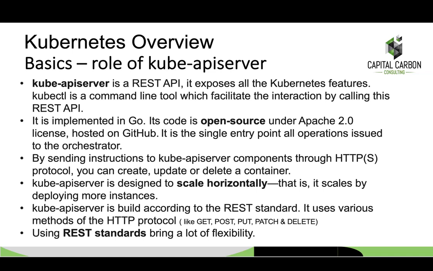Kube API server is built according to the REST standards, and it uses various methods of HTTP protocol like GET, POST, PUT, PATCH, DELETE. Using REST standards brings a lot of flexibility. For learners, I would recommend going through the basic details of these standards and getting acquainted with REST API.